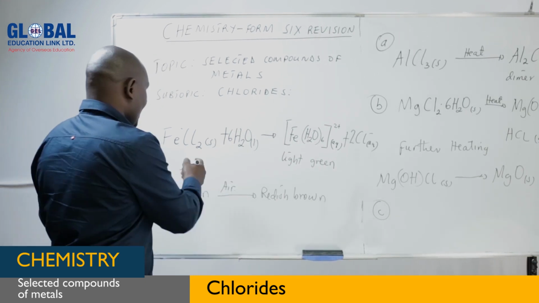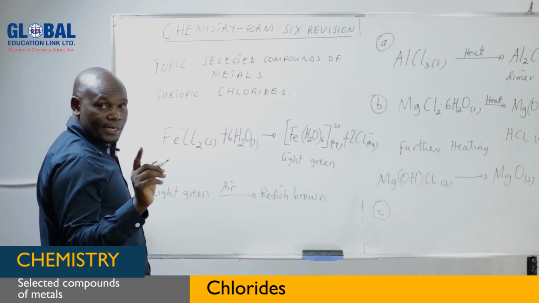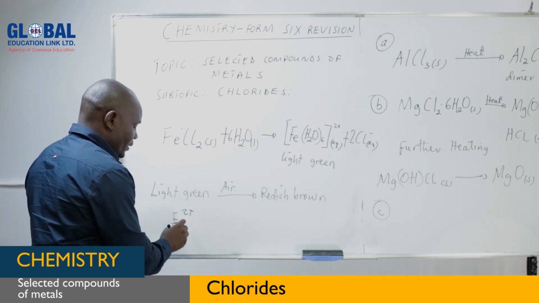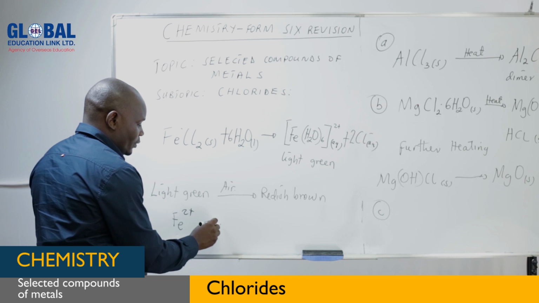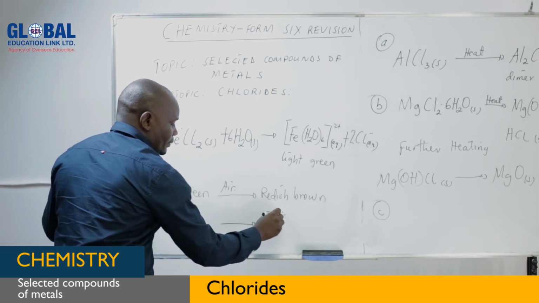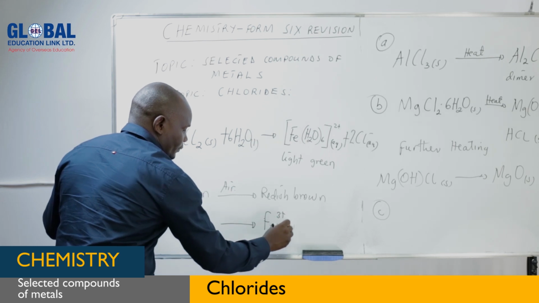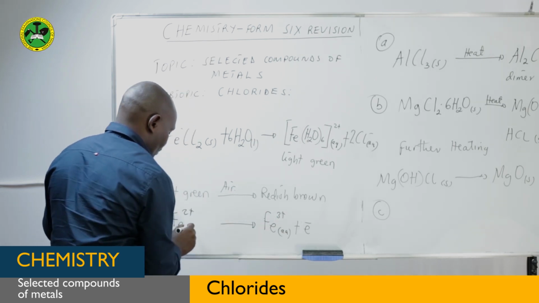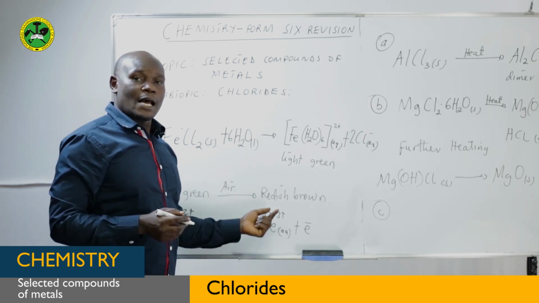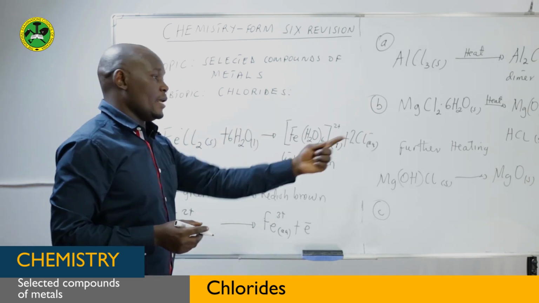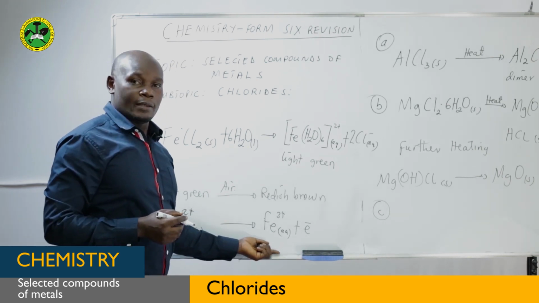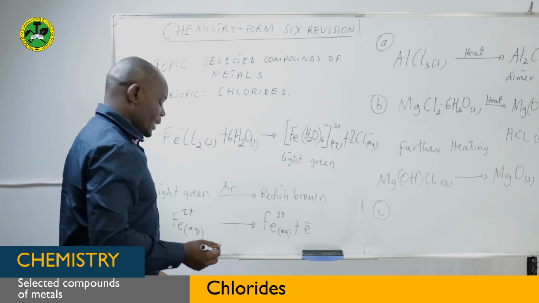So here it is an oxidation reaction whereby iron 2 is being oxidized to iron 3 ions. So that is the oxidation reaction which is taking place. So in air, iron 2 is being oxidized into iron 3. That is an oxidation reaction.